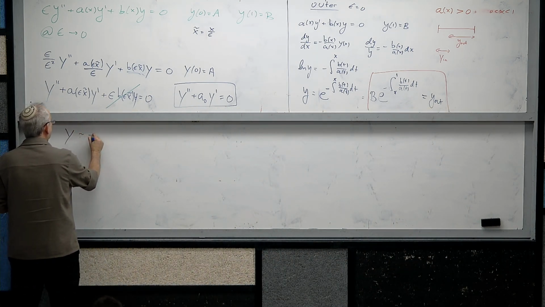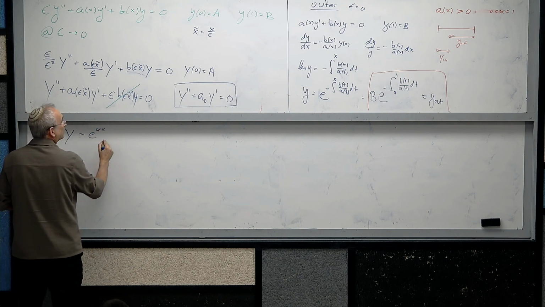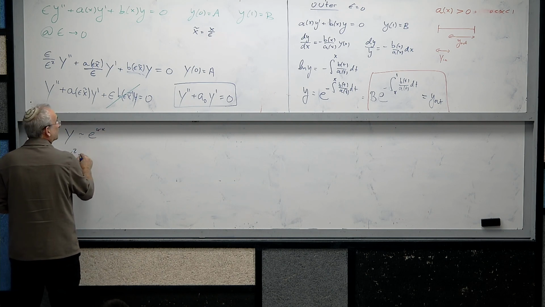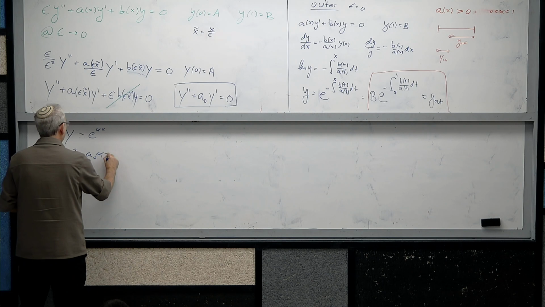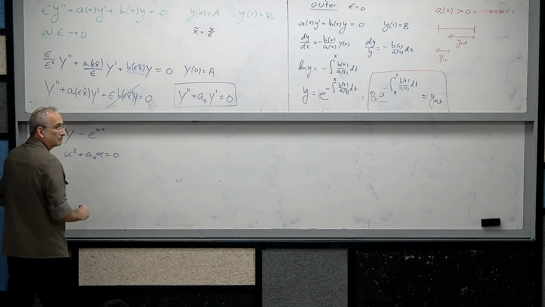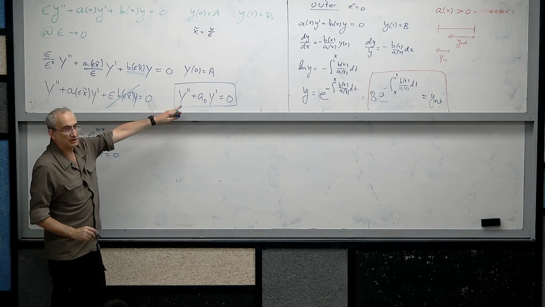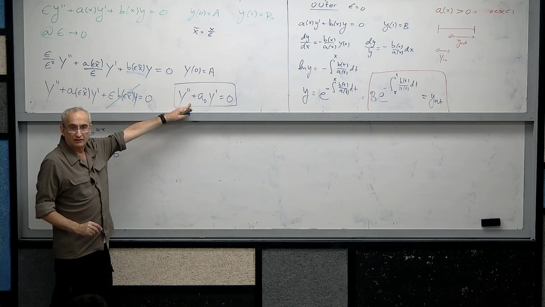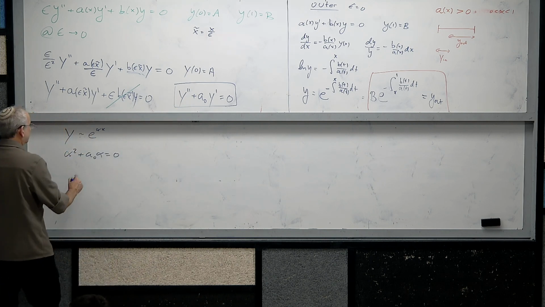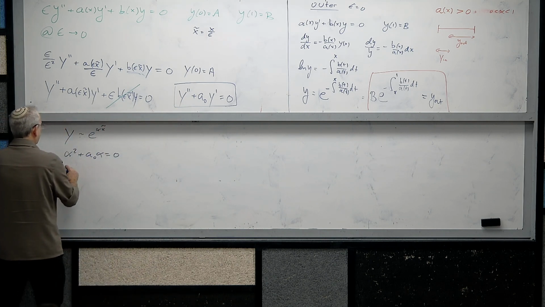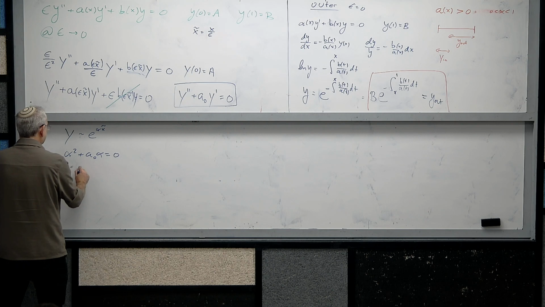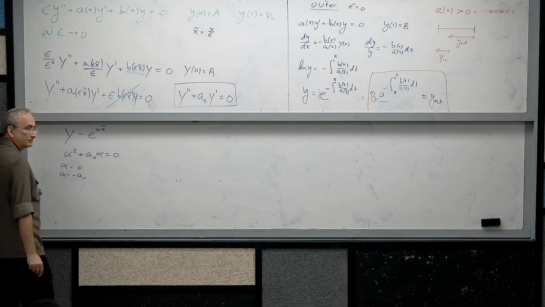Y is going like e to the alpha x, so I will get alpha squared plus a naught alpha equals 0. That's the characteristic equation when I plug it here. So alpha is either 0 or minus a naught.